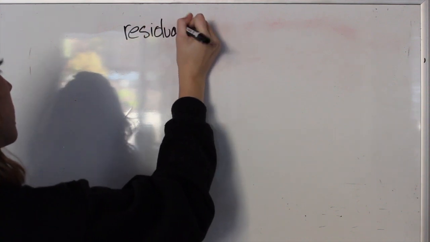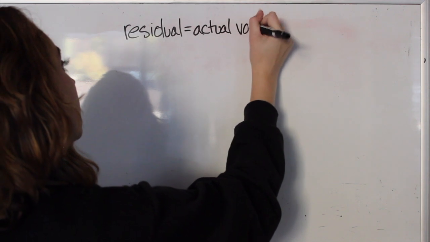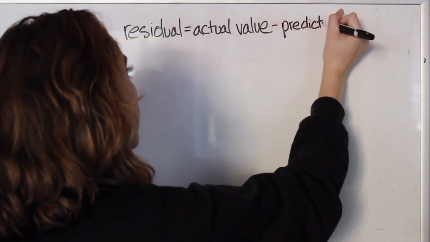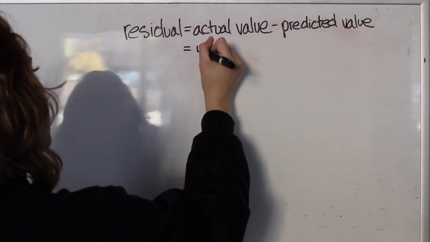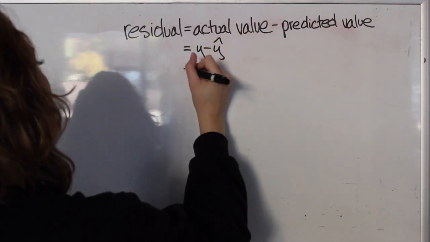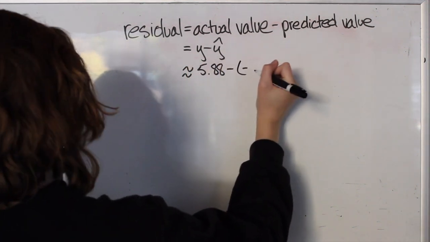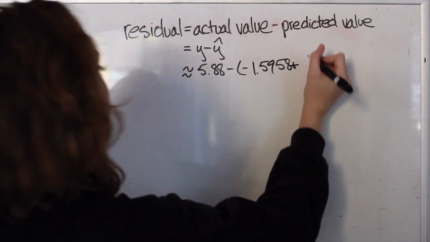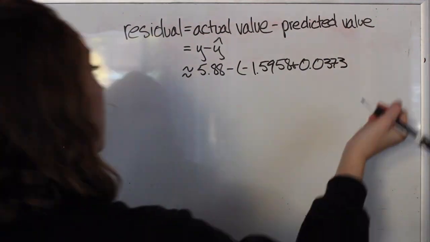Okay, so we know that the residual equals the actual value minus the predicted value, which translates to y minus y hat. And so we're going to take our 5.88 and plug that in for y, because that's the y value of the point, minus a plus bx, and a and b are given to us in the problem, and then x is your x point, which is 175.